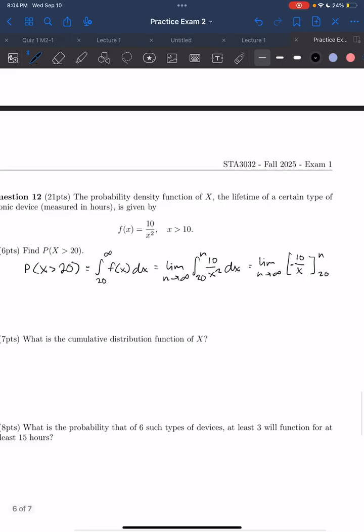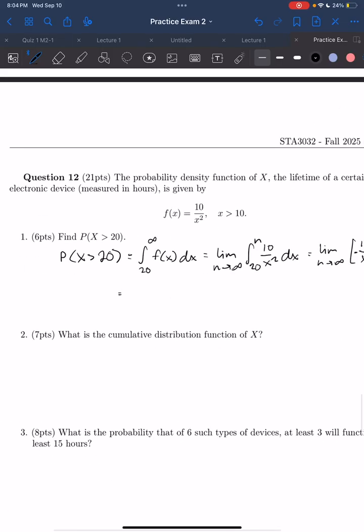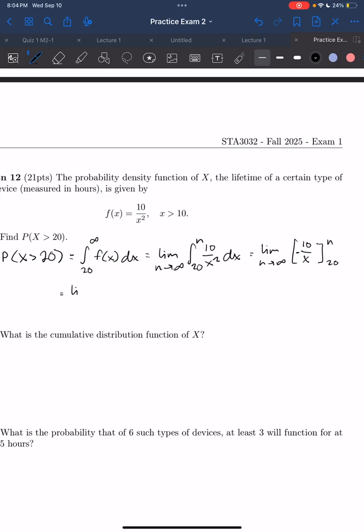This would be equal to the limit as n goes to infinity of negative 10 over n plus 10 over 20. And as n goes to infinity, the denominator here will just keep getting bigger and bigger, so this entire fraction will go to 0, which makes this equal to 0.5.